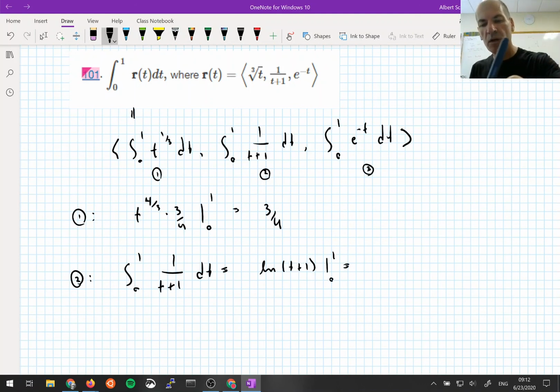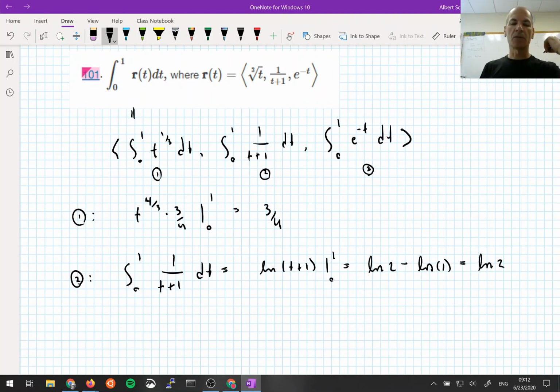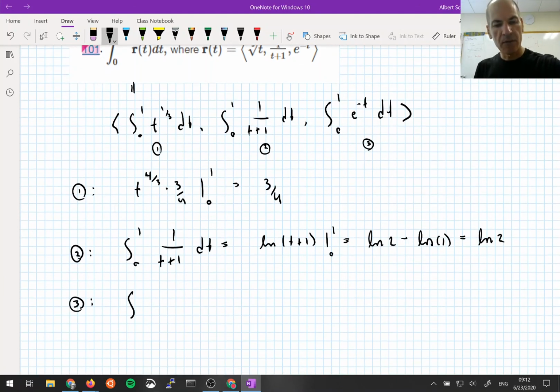If I plug in 1, I get the natural log of 2. Subtract, I get the natural log of 1. And the natural log of 1 is 0, so in total, this integral works out to be the natural log of 2. Last, the k-coordinate, we want to integrate from 0 to 1, e to the minus t dt. The antiderivative is minus e to the minus t, and we're going from 0 to 1 again.